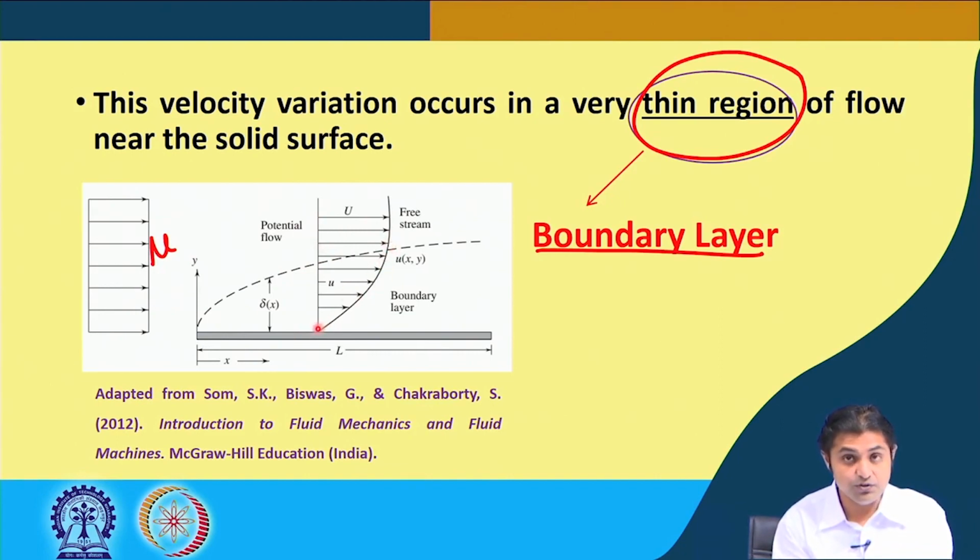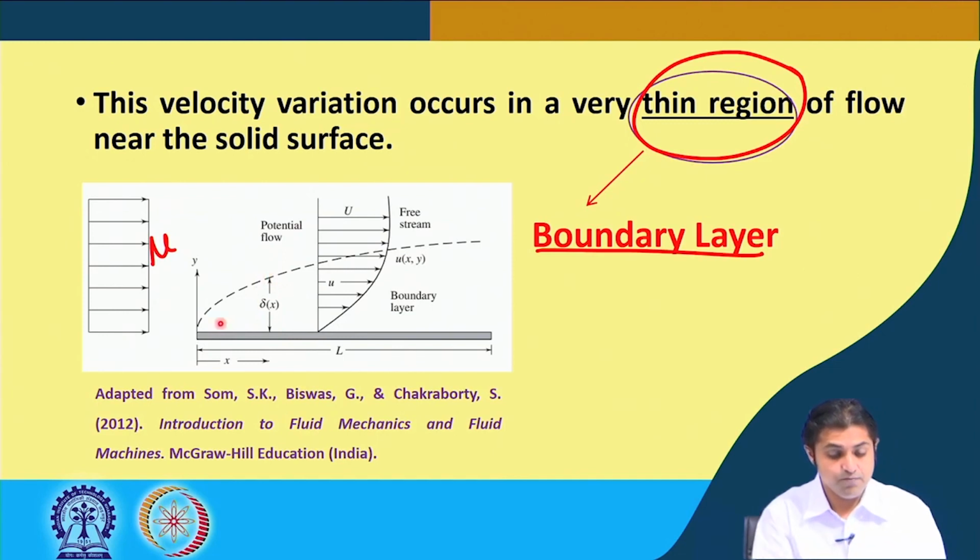It goes from 0 at this point to, say for example, u at this point, and this is the existence of the velocity gradient. This is where the velocity gradient is going to exist. I am not saying it is going to be constant du by dy, but there exists a non-zero velocity gradient, and this thickness we are going to talk about later. This is at any distance, this is the boundary layer thickness.